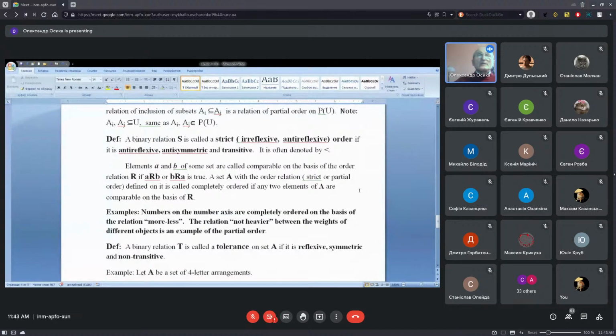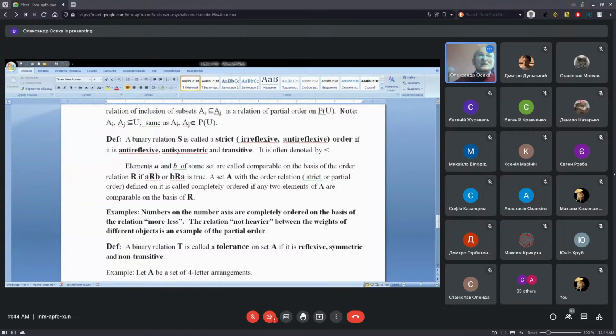Now, here we have some additional concepts that are often used in discrete mathematics, and not only in discrete mathematics. Here we discuss tools that are used in many branches of science, including the statement of a problem, designing an algorithm and writing a program, and for other purposes.